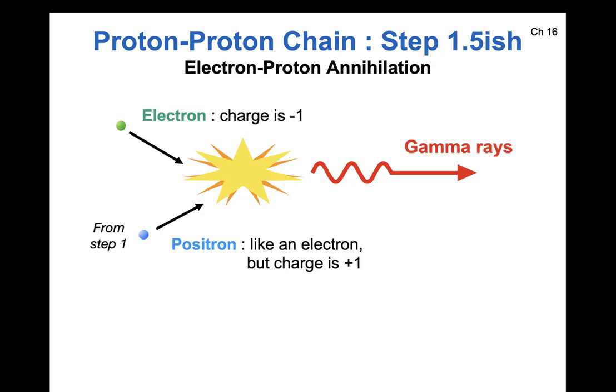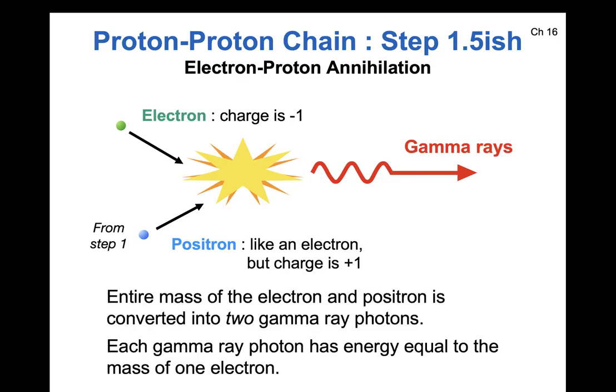We had been just talking about electron-proton annihilation, which, as you can see here in the title, is step 1.5-ish, right? What does that mean? As I described before, it's a side step. It's not part of the actual beginning to end of hydrogen to helium, but it produces energy.